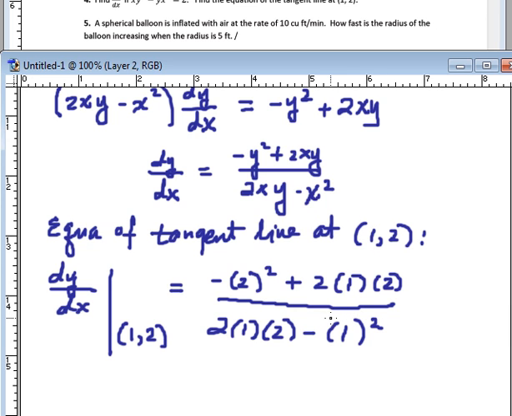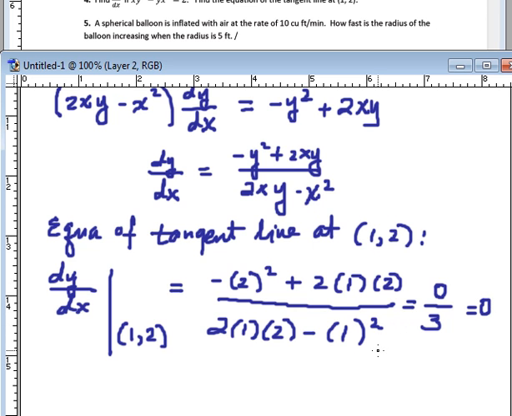Okay, so let's see, what's that equal to? In the numerator we have minus 4 plus 4, so that's 0. 0 in the numerator. And in the denominator, let's just make sure the denominator is not 0. Well, it's not. We have 4 minus 1, which is 3. Okay, so 0.